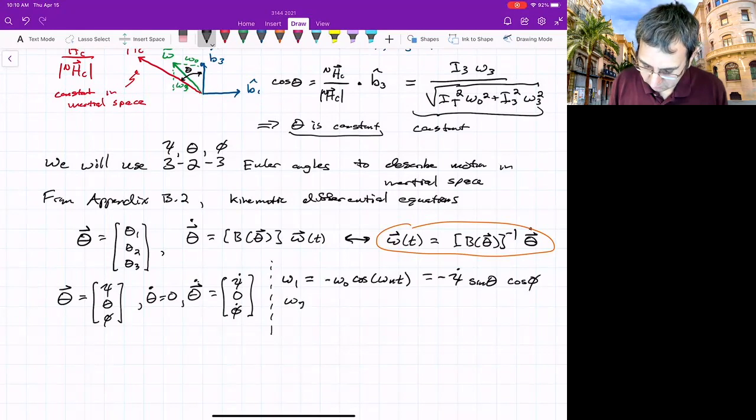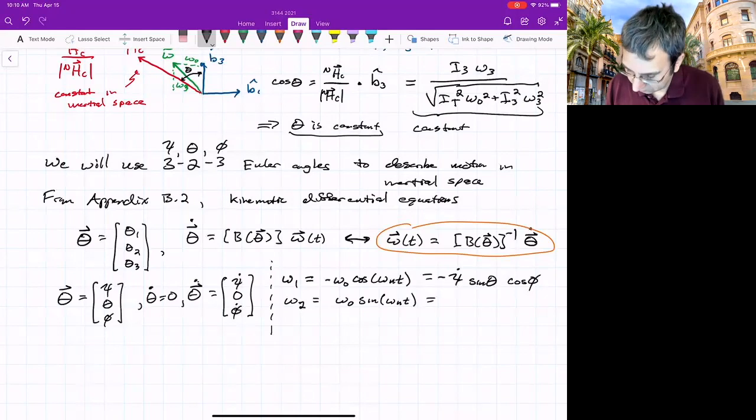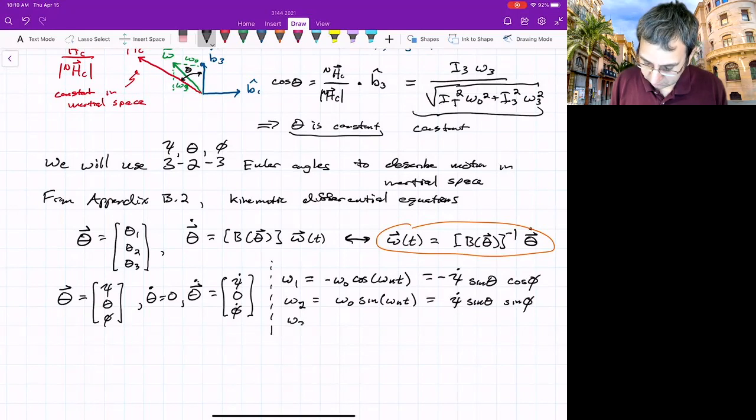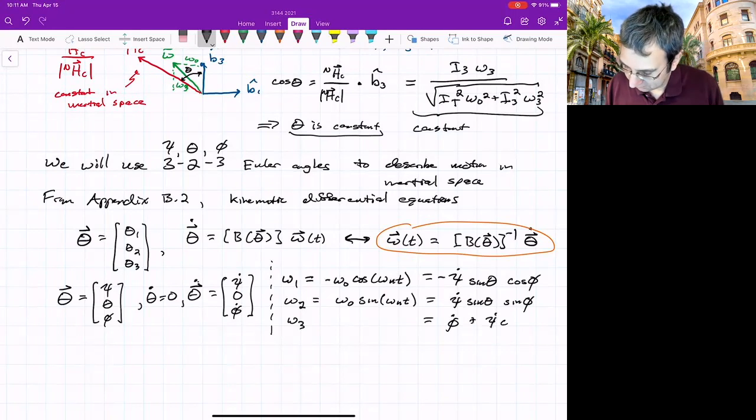And omega 2, which we've analytically solved to be omega naught sine omega n t, equals psi dot sine theta sine phi. And then omega 3 is just omega 3, and it equals phi dot plus psi dot cosine theta. So we've just sort of rewritten that.